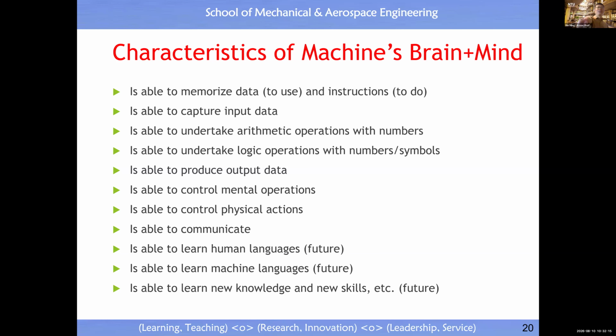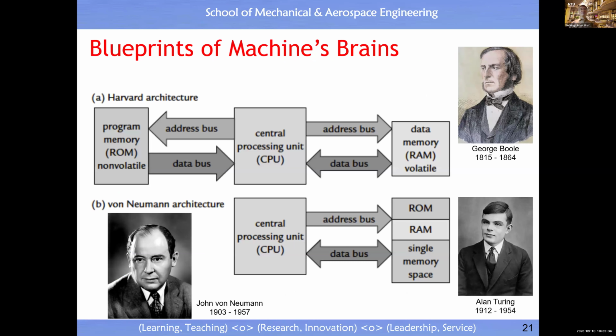And the last few lines basically highlight to you the scope of the study of AI: to learn human language, machine language, and to learn new knowledge and new skills.